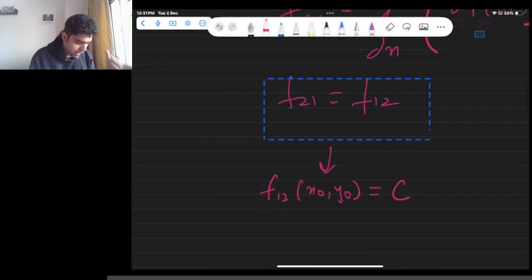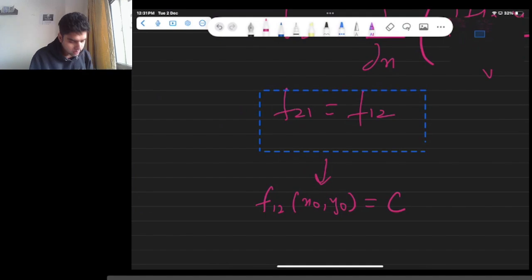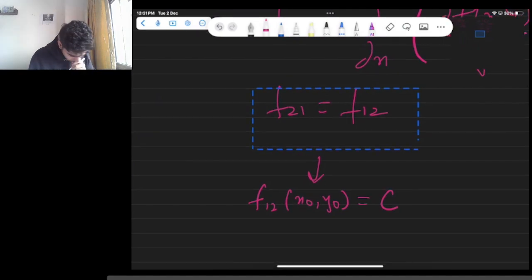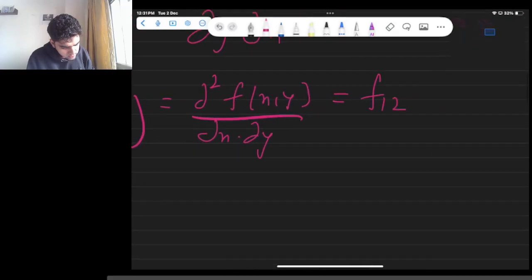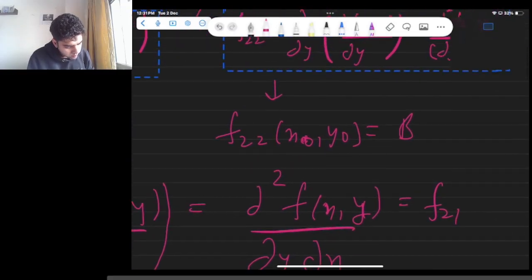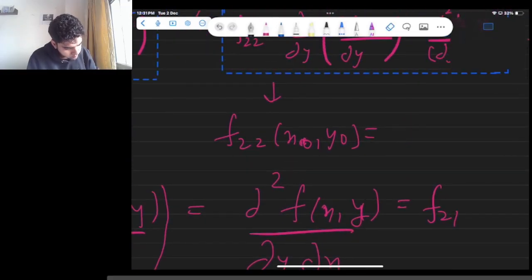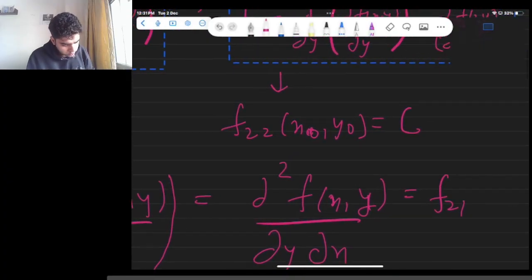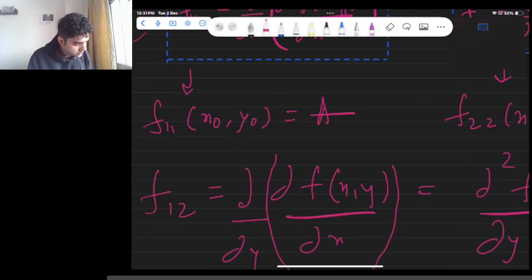So I am just explaining what they have done in the theorem, right? So wait, this is b, they have written this as b, this is b, and this is, wait a minute, this is c, sorry. So this is c, this is a.